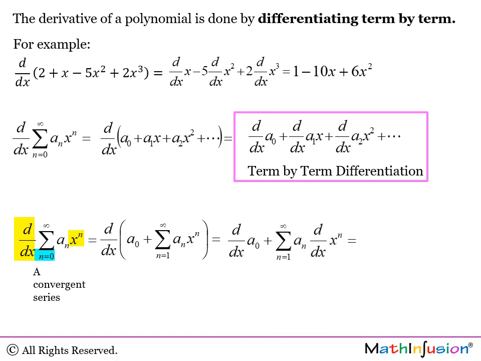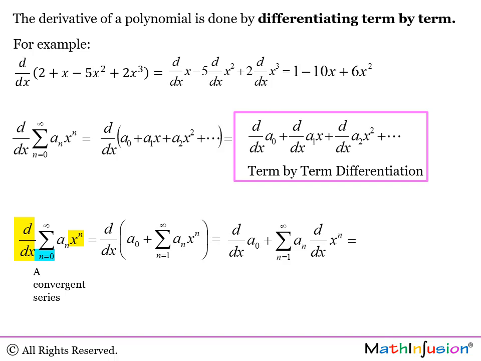Now I'm going to differentiate the first one, which is a sub 0, and then I'm going to differentiate all the other terms. We know that the derivative of a sum is the sum of the derivatives, so I'm using this fact to put the d/dx inside the summation.